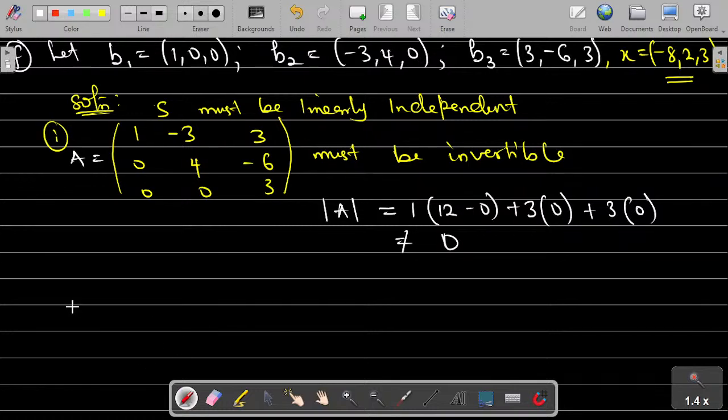Then the second condition is that it must span your R3.